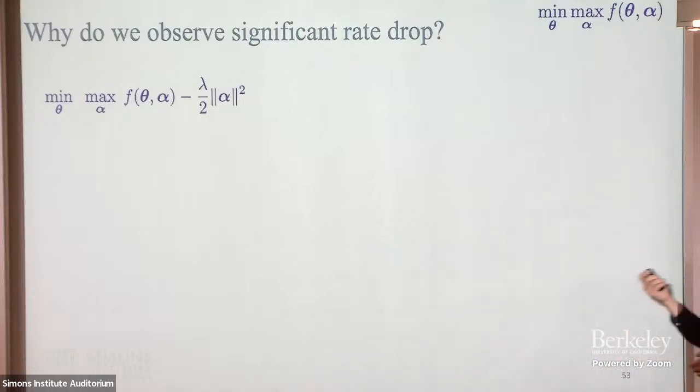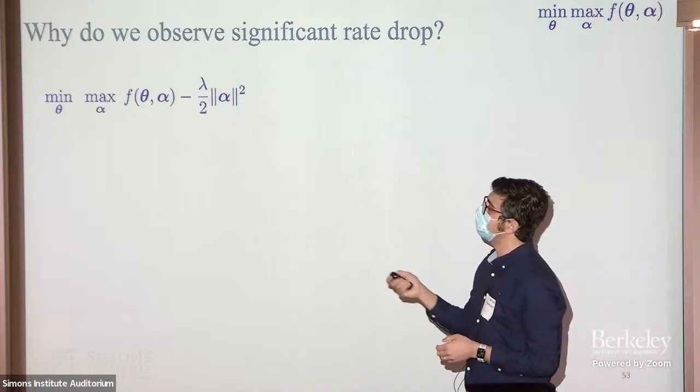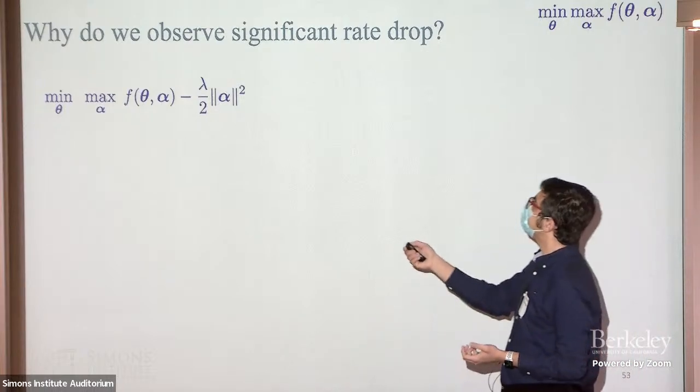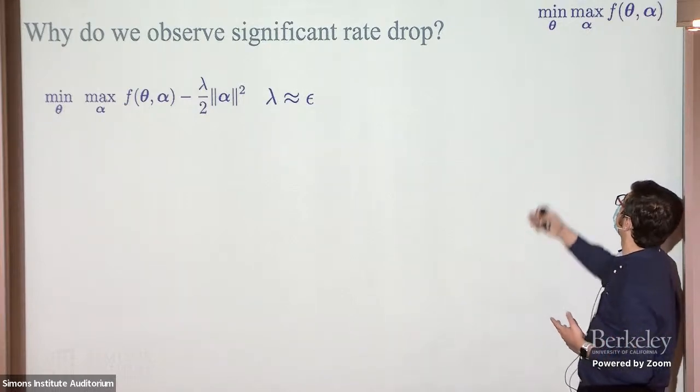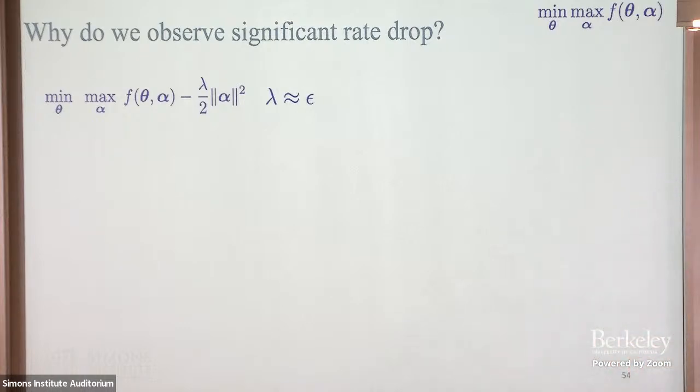To guarantee that the solution that you get by solving this problem is indeed the solution of the original problem, you have to choose your lambda small. It turns out if you analyze it, your lambda should be of order epsilon. In fact, to be accurate, it should be epsilon divided by the radius of the constraint on alpha.